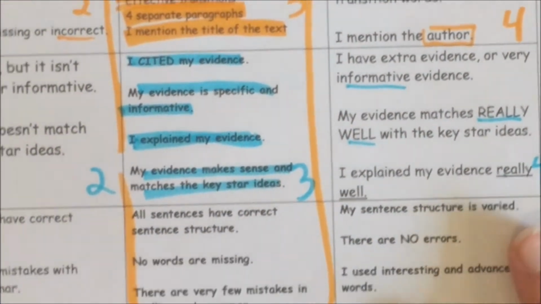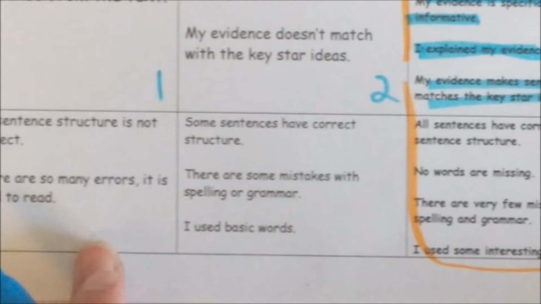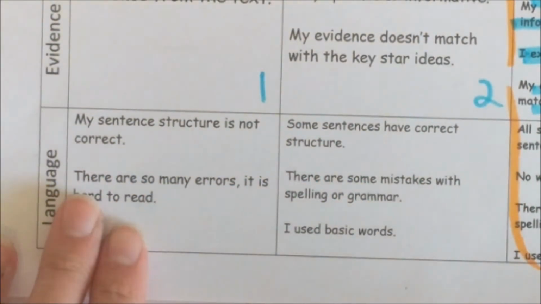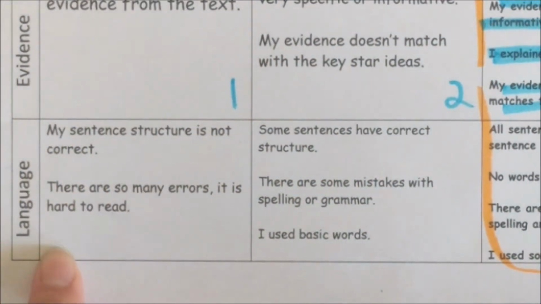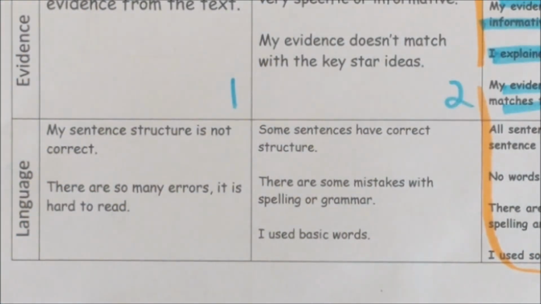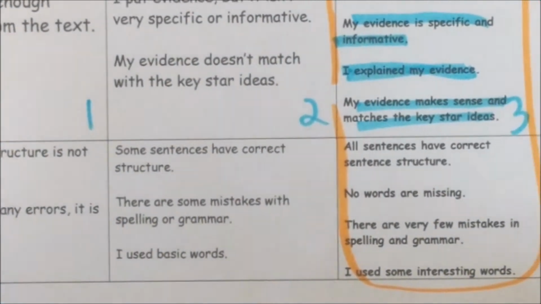All right, our last one is language, and you've probably seen things like this before where teachers want to check that you're spelling things correctly, your sentences are correct, and that's what this row is just about, okay? Sentence structure. If it's not correct, meaning there's a lot of run-on sentences or not full sentences or periods, capitals, things like that are missing. And there are so many errors it's hard to read.